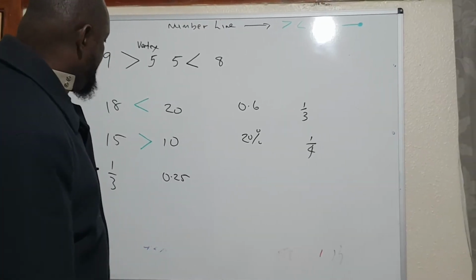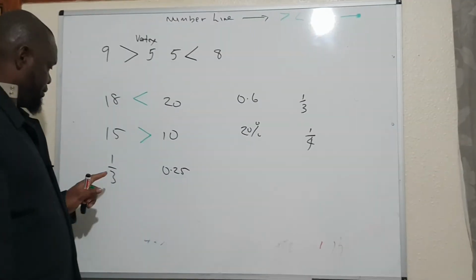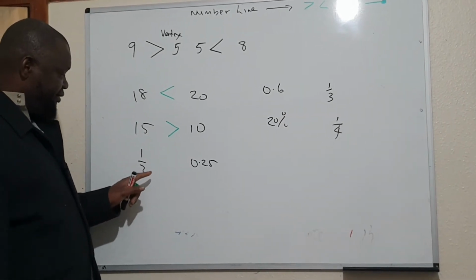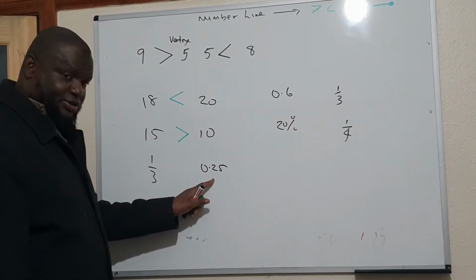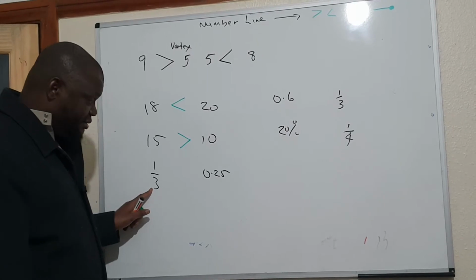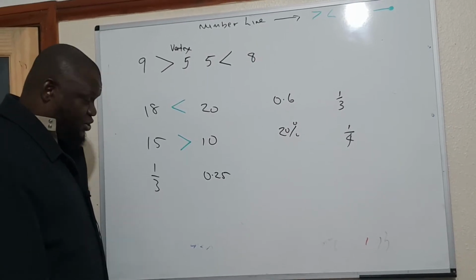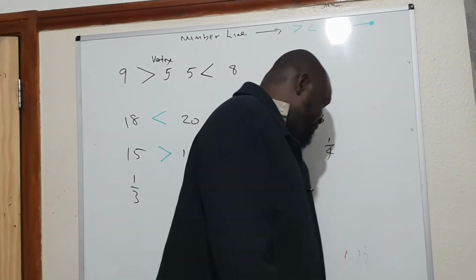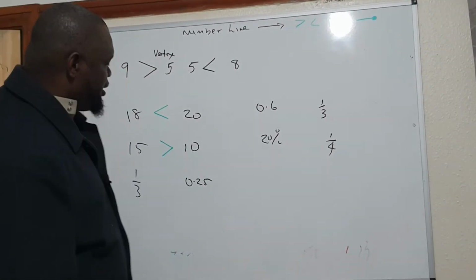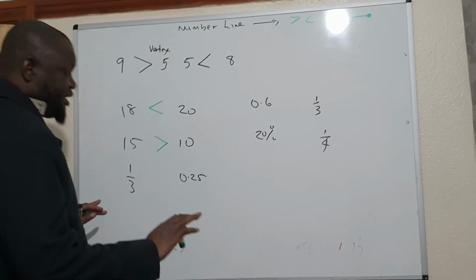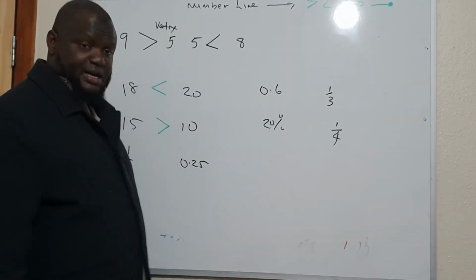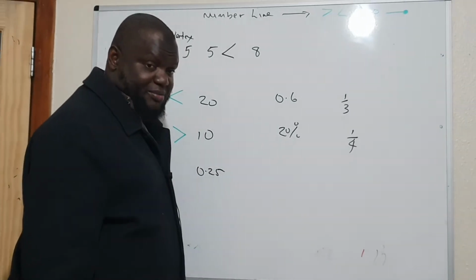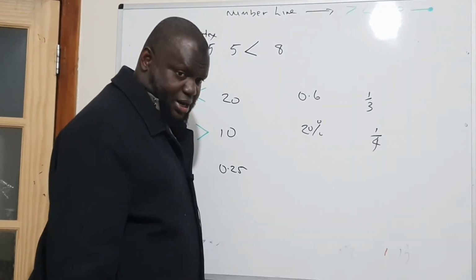Now, let's look at that one. We either change this into a fraction or we change this into a decimal. We have not done that yet, but you know decimals, as I'm taking SATs, Zara. If you want to change a decimal into a fraction, you look at how many numbers are after the decimal point.